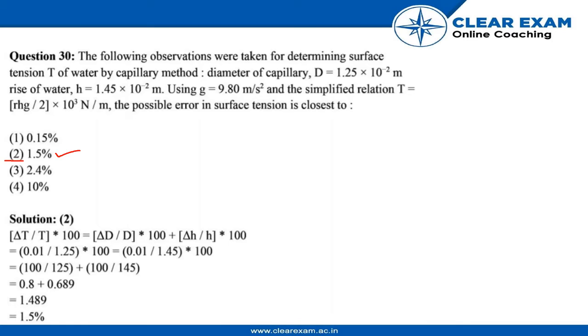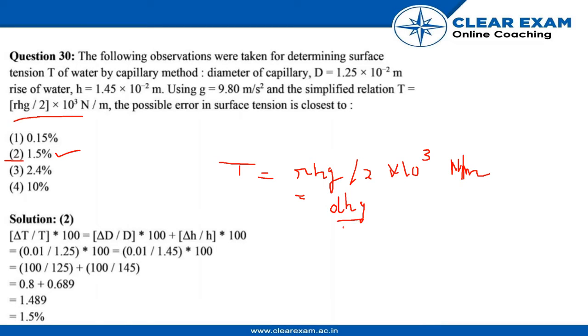The answer is 1.5%, because as we know, T, the tension, is equal to rhg by 2 × 10^3 Newton per meter, that is given in the question, which would be equal to DHg by 4 × 10^3 Newton per meter.